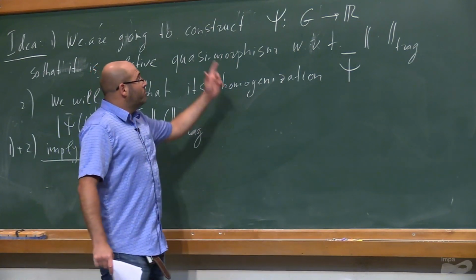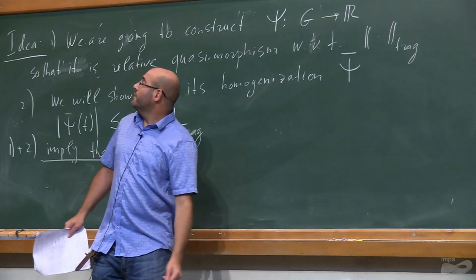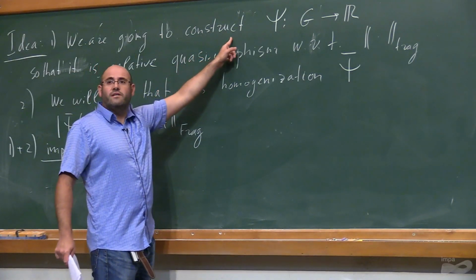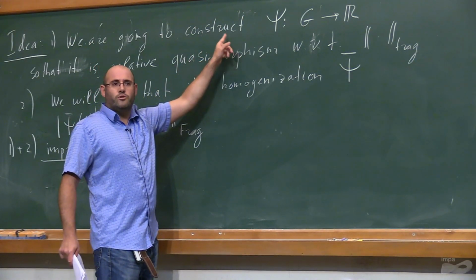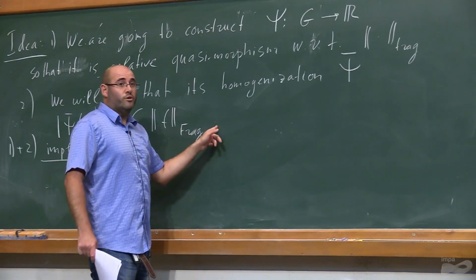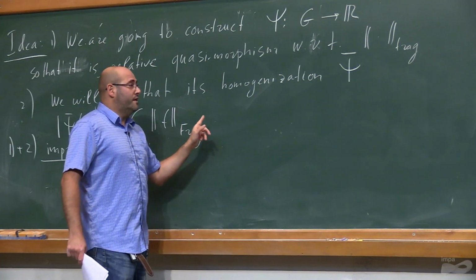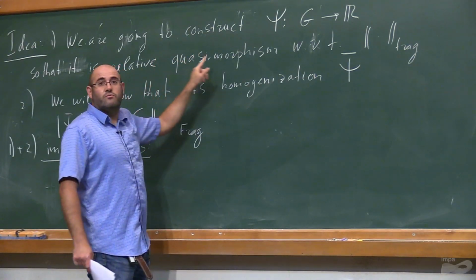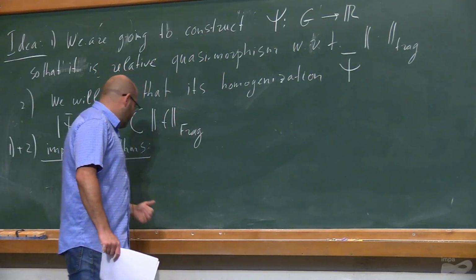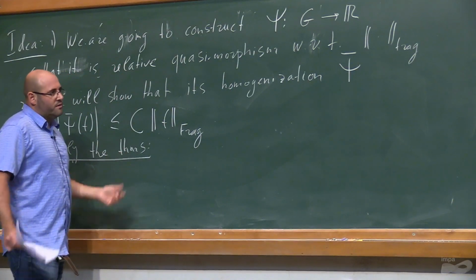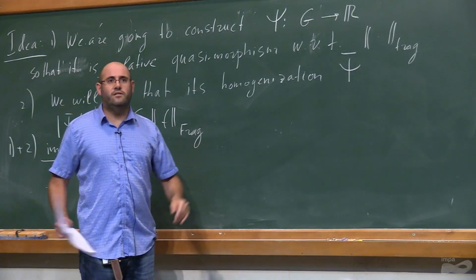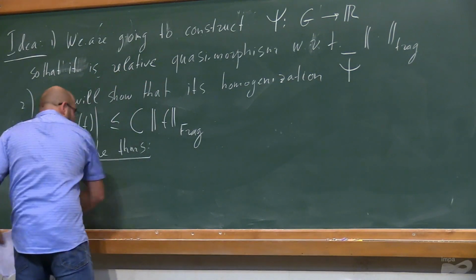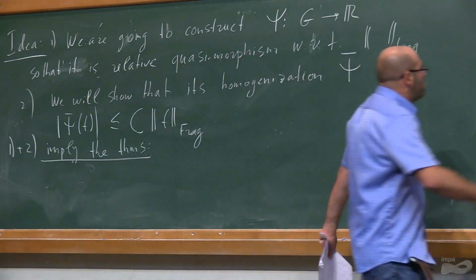So what I'm going to do now in the remaining 13 minutes is I'm going to give the construction of this guy. I'm going to state its properties. I'm not going to prove this, and neither am I going to prove that it's a relative quasimorphism. But I'm going to prove the result of the theorem and then maybe conclude with some remarks. So this is the idea for the next part, if you're still not bored or overwhelmed with the talk.